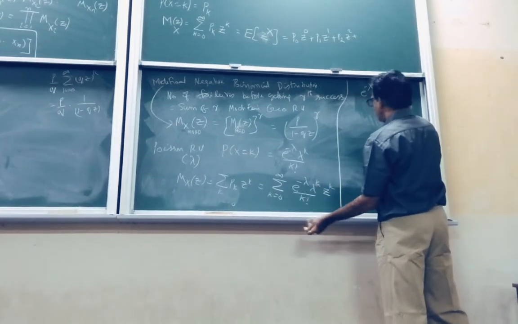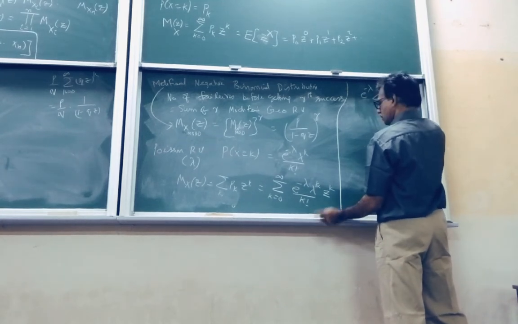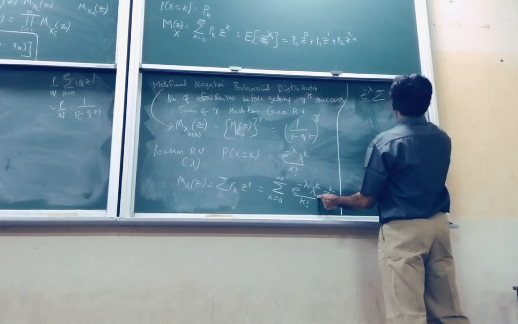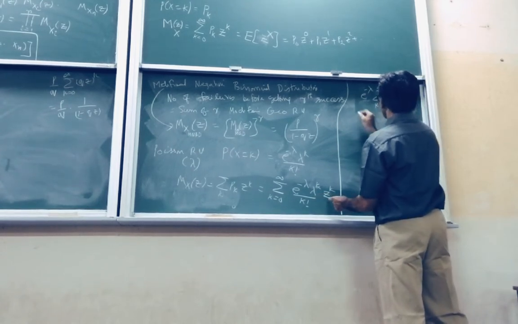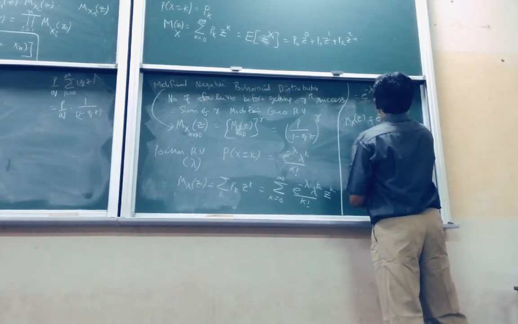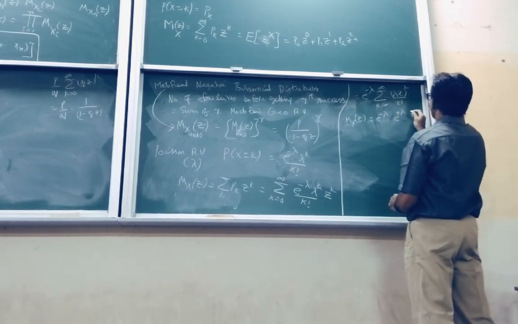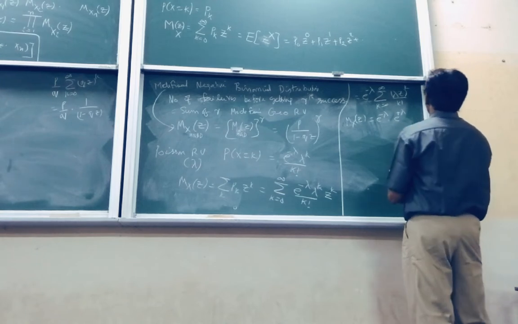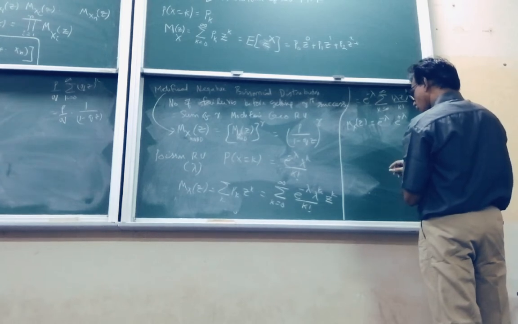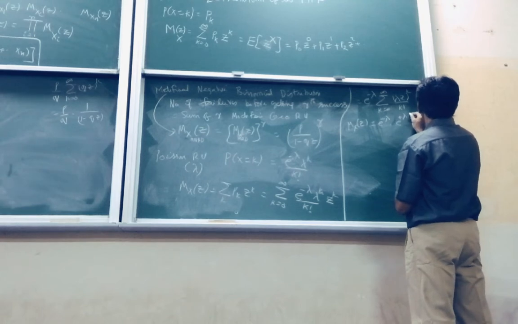E power of minus lambda, we will take it outside, and then the sum of (lambda z) power k by k factorial. What is this one? This is e power of plus lambda z.